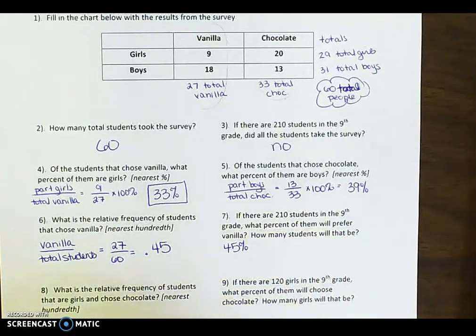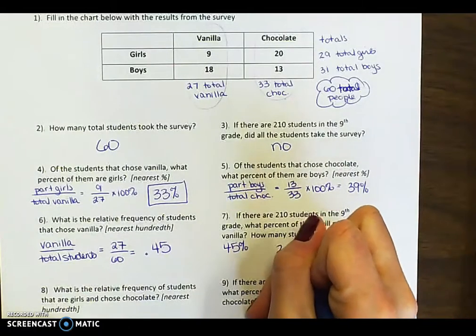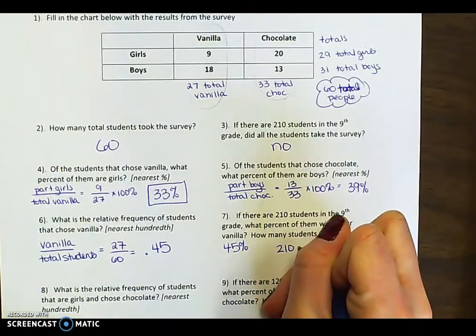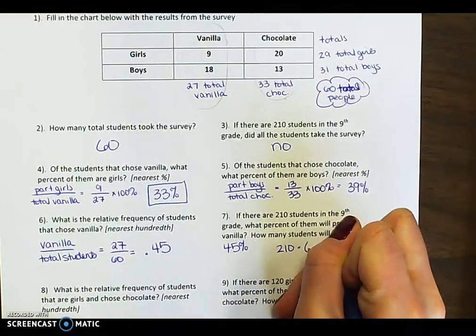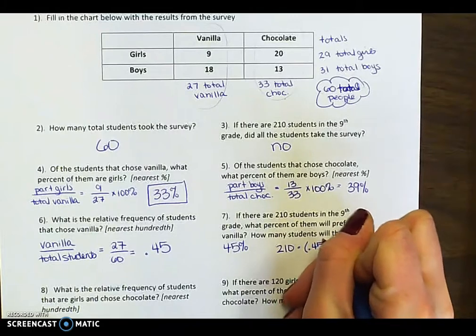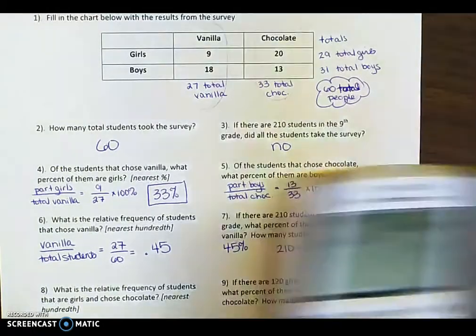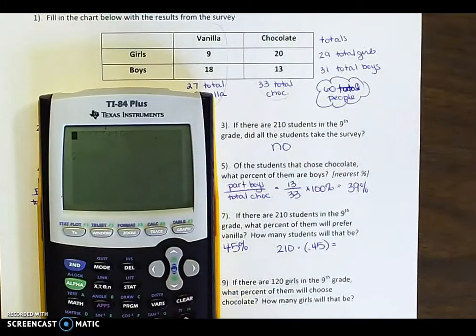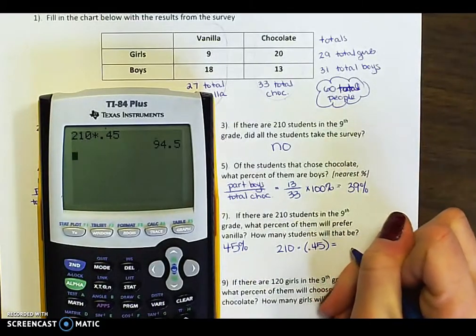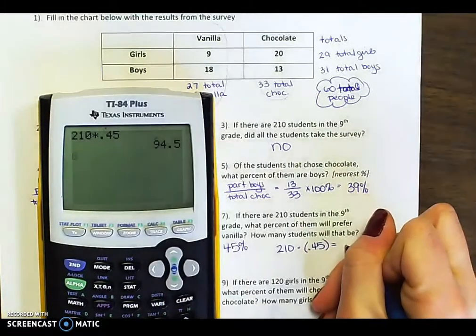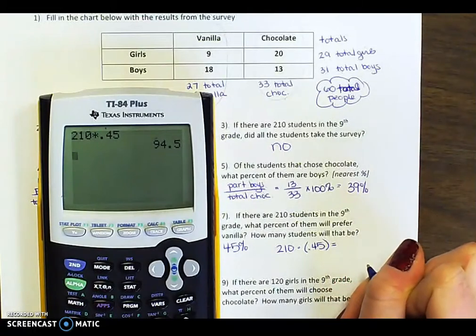How many students will that be? Well, there are 210 students times, and I'm going to multiply that by my relative frequency, 0.45, and that'll tell me how many students preferred vanilla. So 210 times 0.45, we get 94.5 students, but I can't have half of a student.